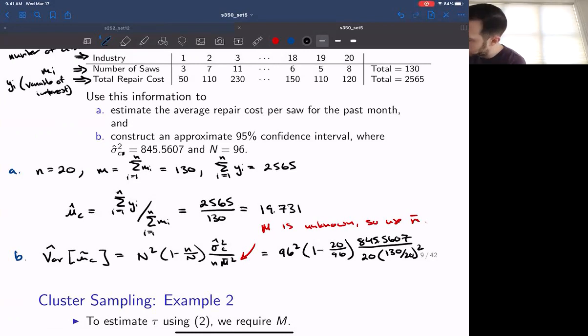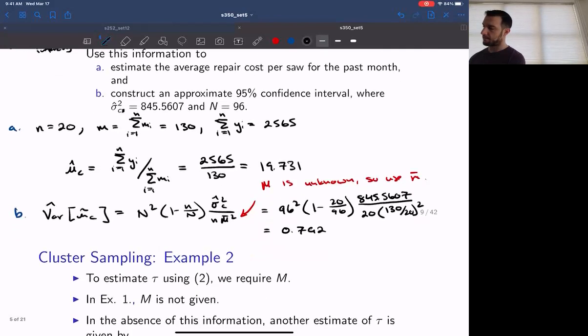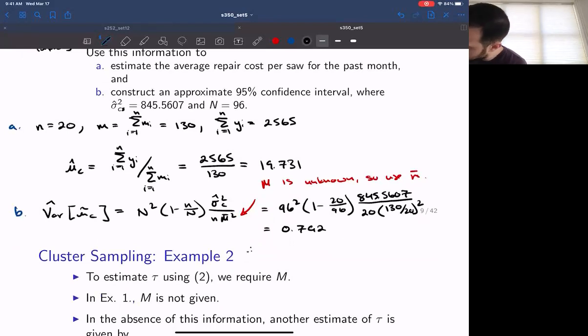That should give us something in the area of 0.792. Therefore, the 95% CI is going to be given by 19.731 plus or minus 1.96 multiplied by the square root of 0.792.